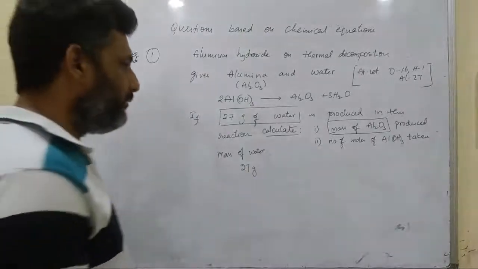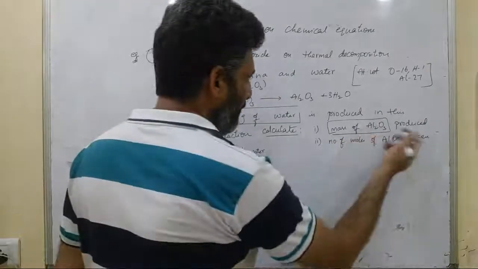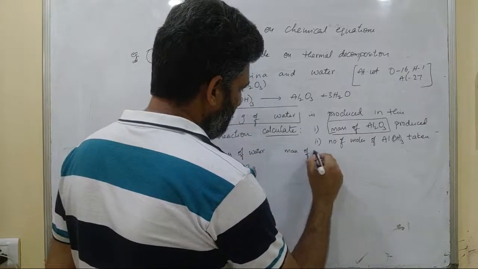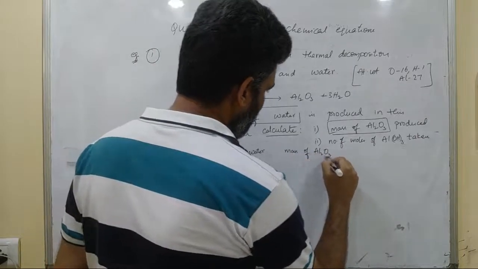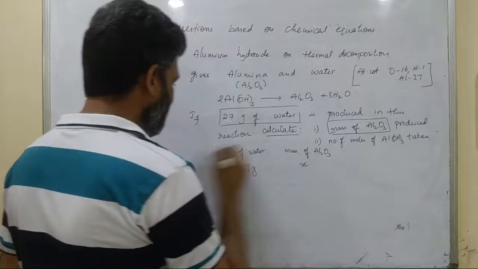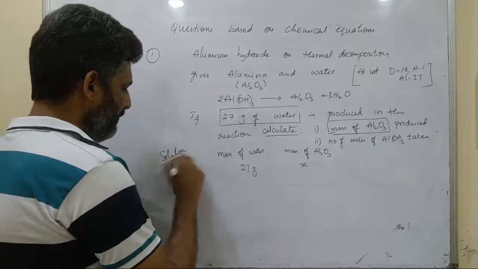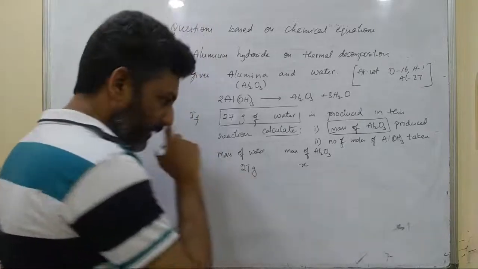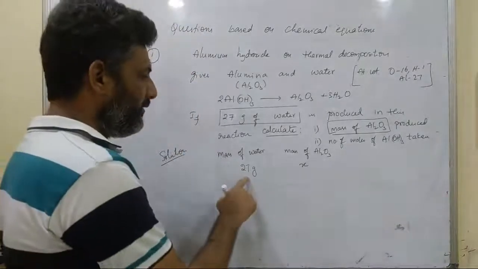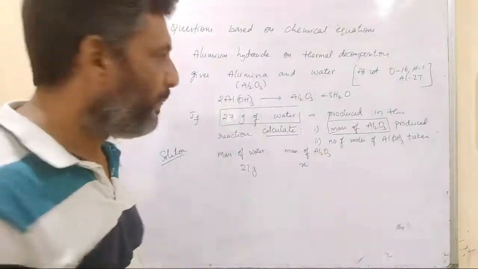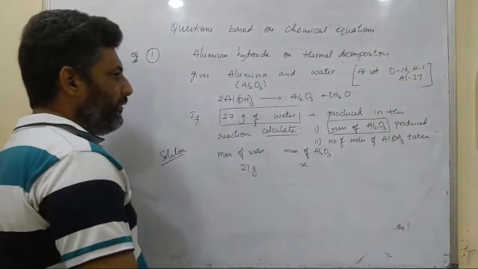And what are you asked to find? You are asked to find mass of alumina. So this will be written as X. Mass of water is 27 grams and mass of alumina you need to find.